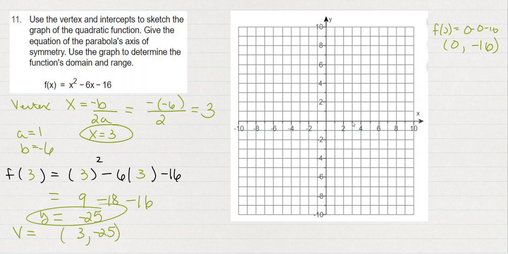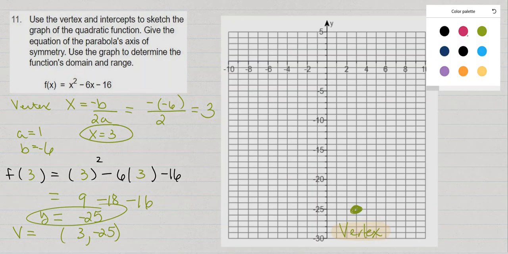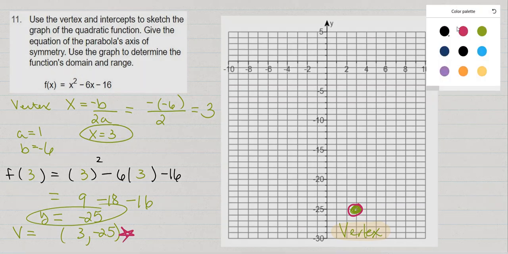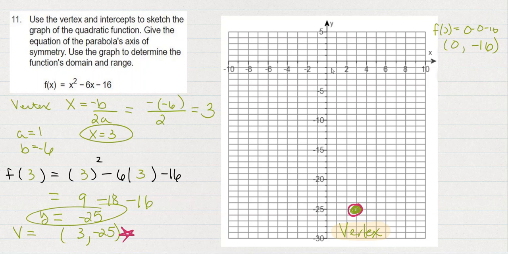The vertex 3, -25. Oh, let me get a different graph here. So here's our vertex 3, -25. And then we can find this additional point when x is 0, y is -16. So that was 1, 2, 3 over from the axis of symmetry, right?